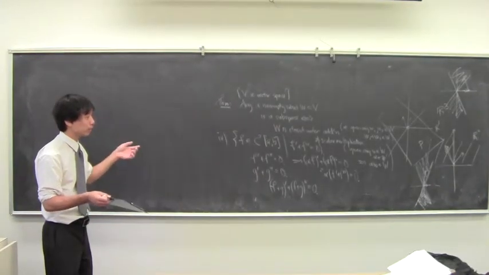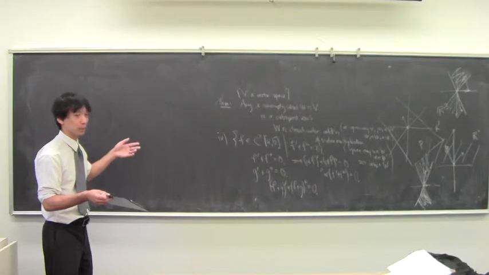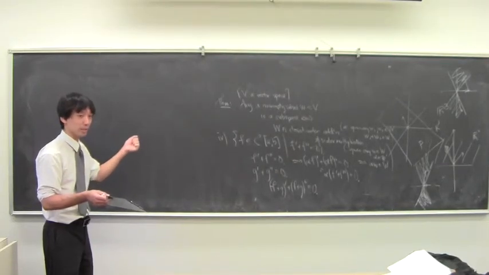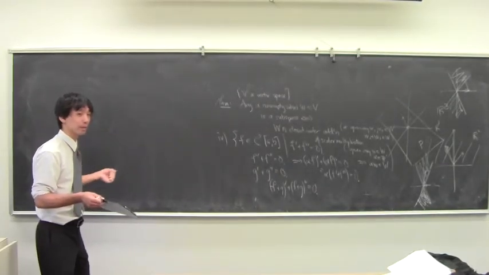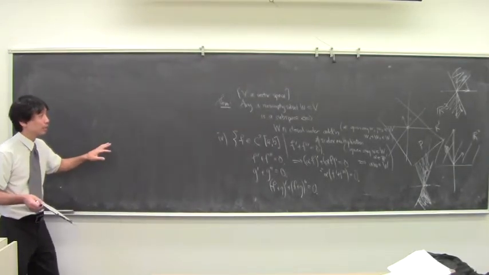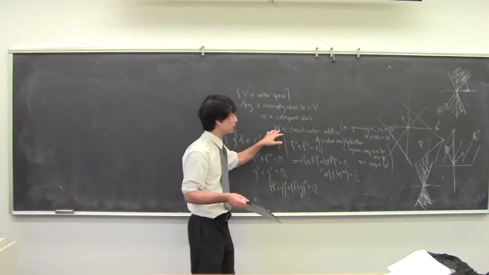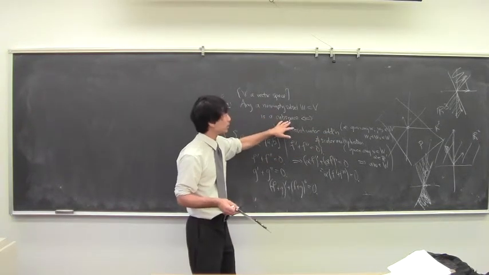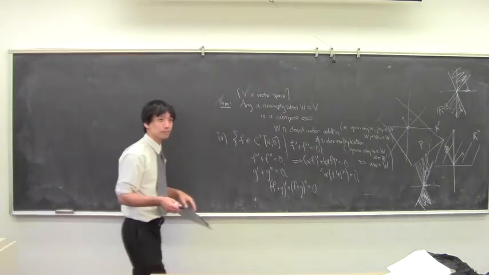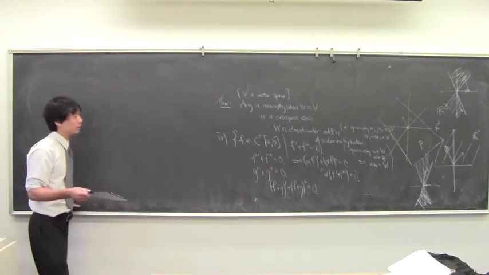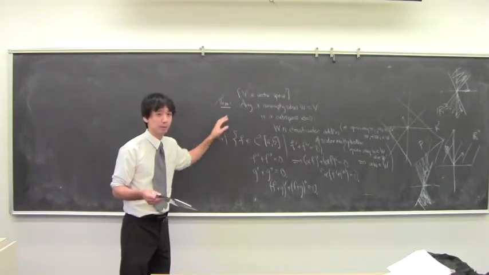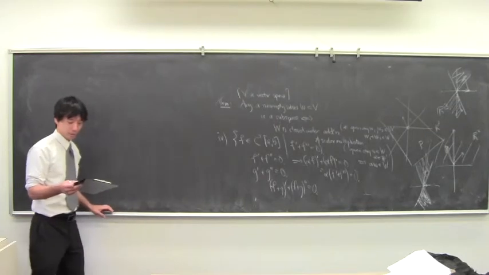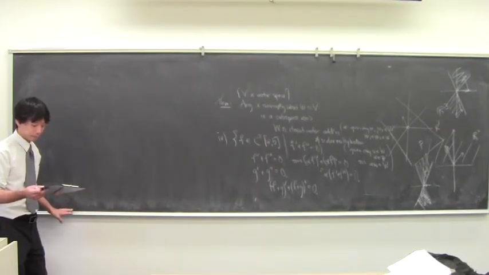And you also need to check that the plane is closed under scalar multiplication. That is, if you take something in the plane and scale it, you stay within the plane. As long as P is closed under addition and scalar multiplication, you know that P is a subspace. In fact, this is often taken as the definition of subspace.